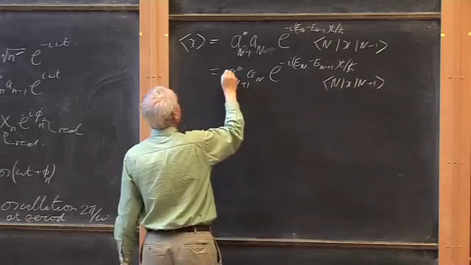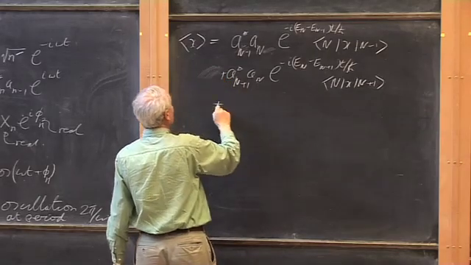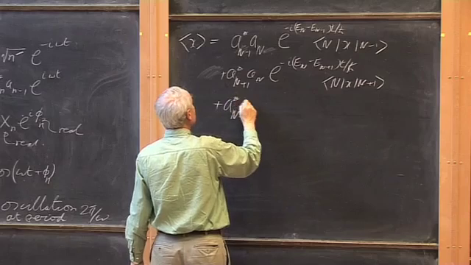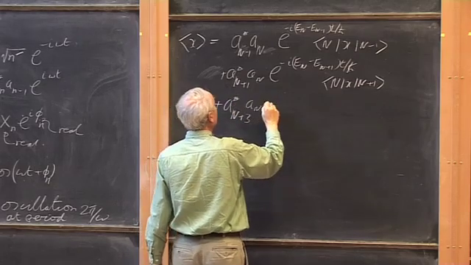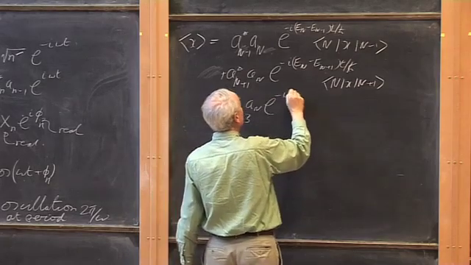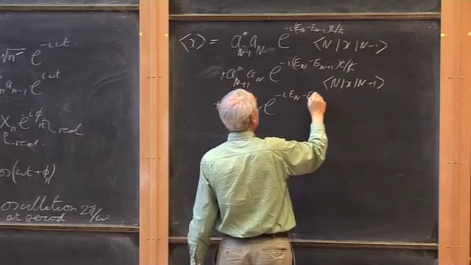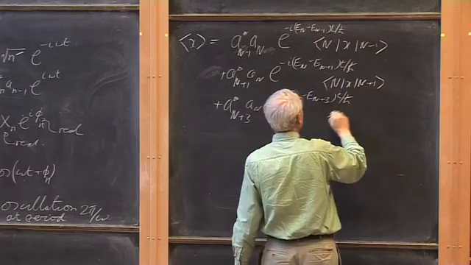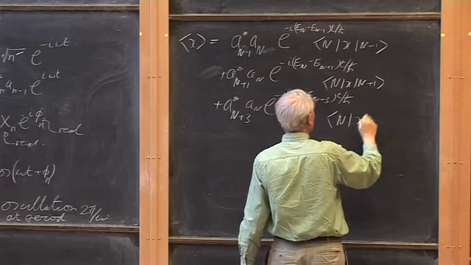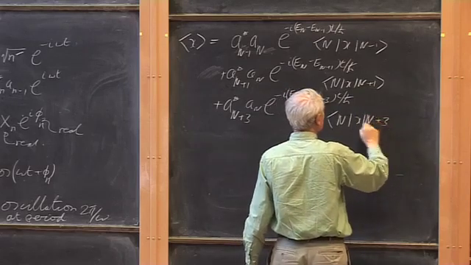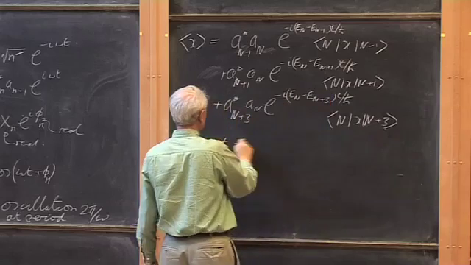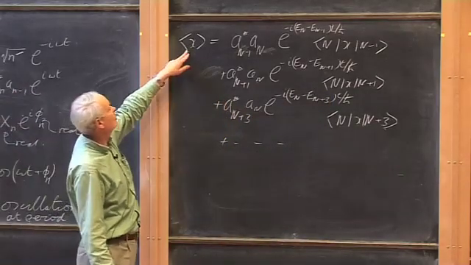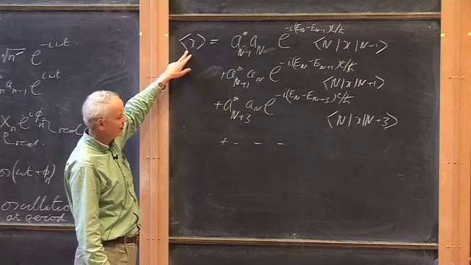And then I will have, not equals, but plus, a_{n+3}^* a_n, this will be the next term, e to the i (E_n - E_{n+3}) t over h bar <n|x|n+3> plus dot dot dot, right? This is a specimen of a disgusting expression which would give us the expectation value of x.